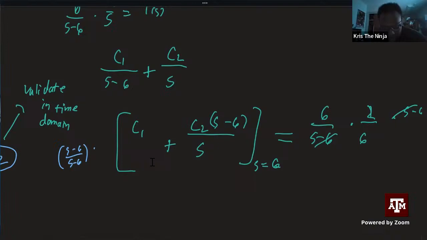So we end up having C1 equals 6 times 1/3. C1 equals 2. And then we do the same thing on the other side.